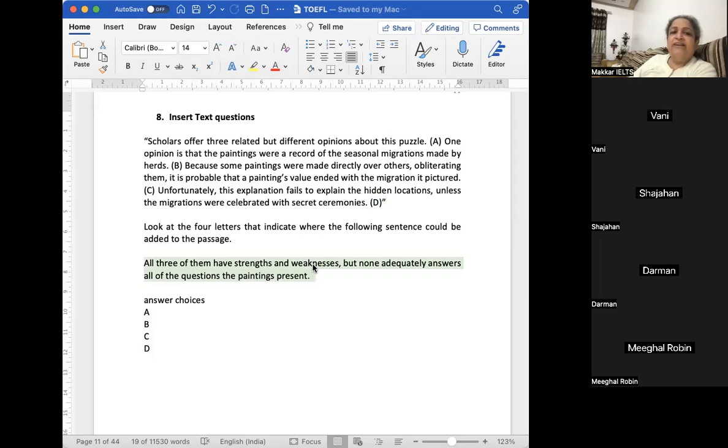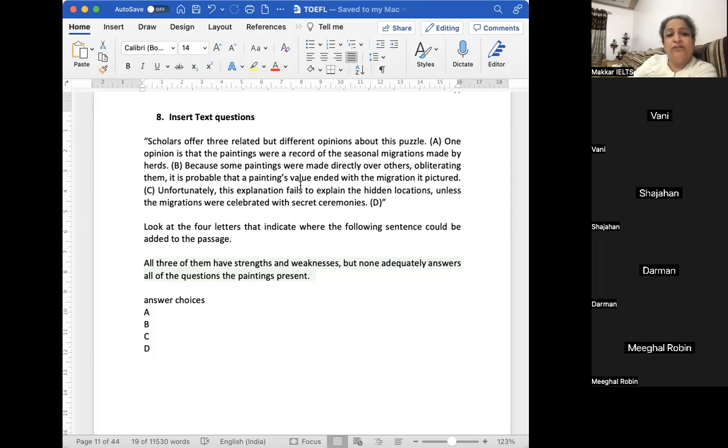Scholars offer three related but different opinions about this puzzle. One opinion is that the paintings were a record of the seasonal migrations made by herds. All three of them have strengths and weaknesses, but none adequately answers all of the questions. Does it suit here? I said B, but does it suit here?